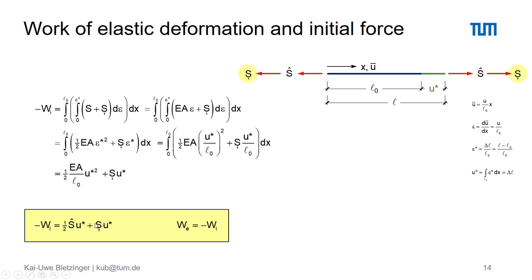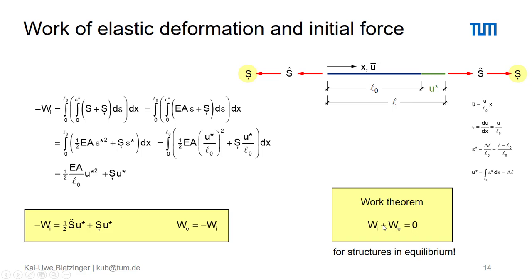There's no 1/2 in front, simply because S sub-comma remains constant, and we have this rectangular work. And straightforward, the external work must be the negative of the internal work, just so that the sum of these two is 0. Our work theorem, again, for structures in equilibrium only.